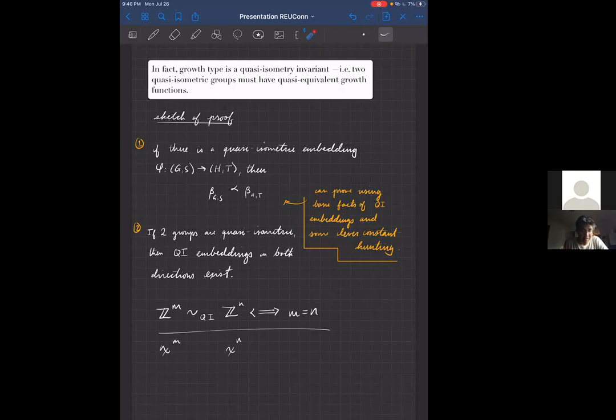And the other thing we'll talk about is similar to what I was saying earlier about how the growth rate of Z to the n looks like the growth rate of R to the n, because we have these balls in R which look like balls in Z. And what I'll be talking about is the way that the growth of the volume of a Riemannian manifold corresponds to the growth of its fundamental group, which is a very deep idea in geometric group theory that we can understand using growth.